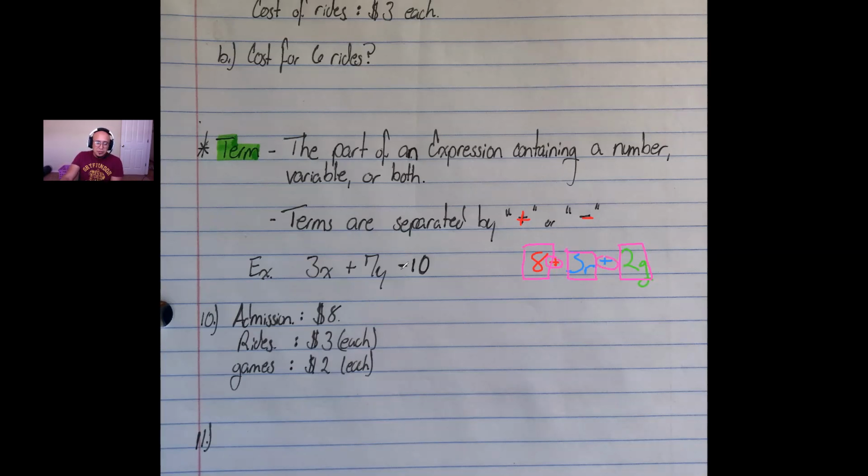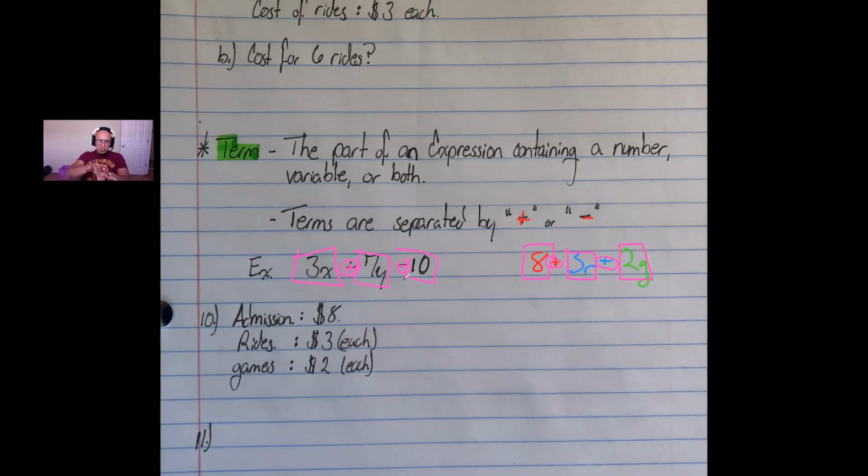Here's another example of an expression that has 3 terms: 3x plus 7y minus 10. Notice how they are separated by addition and subtraction signs. Here's 1, 2, 3 different terms. It almost looks like a train where each of the carts is separated by an addition or subtraction sign.